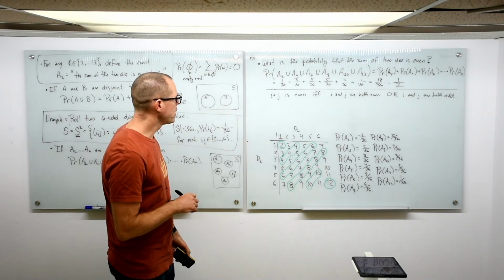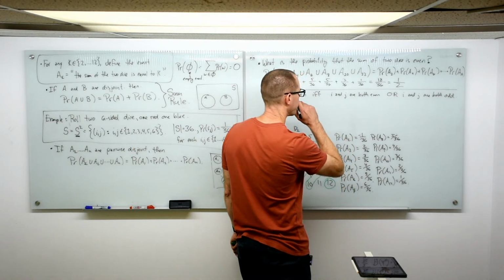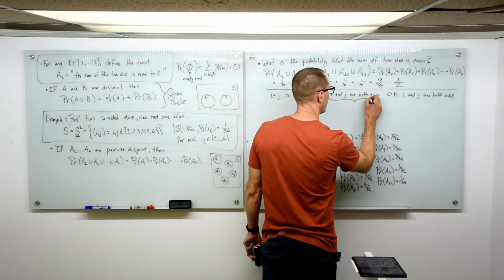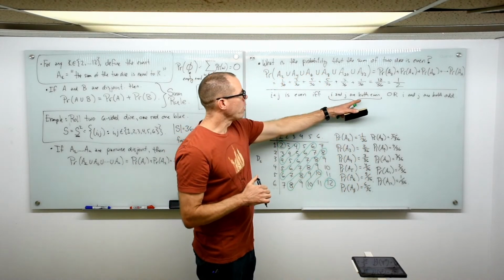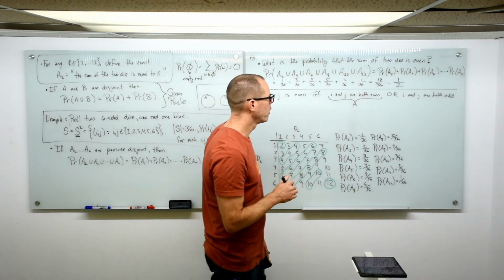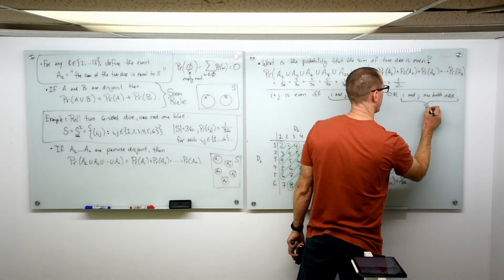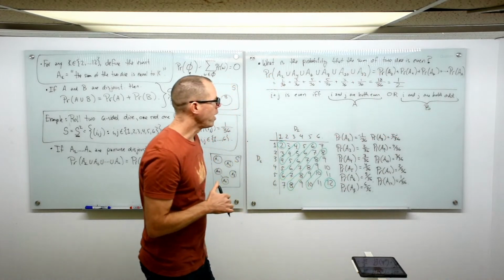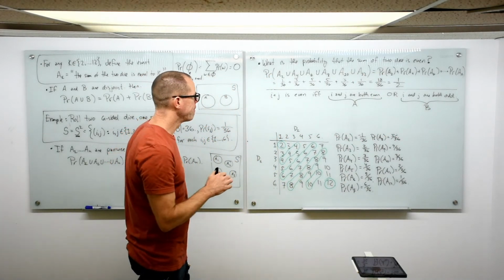So then let's define two events, A and B. Let's define A to be I and J are both even, and let's define B to be I and J are both odd. Okay.